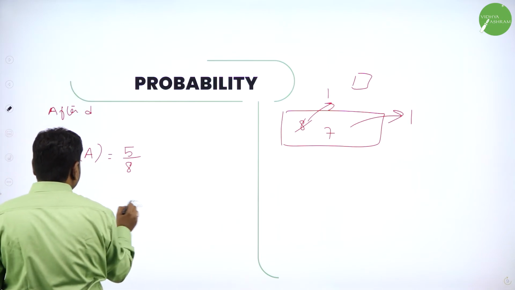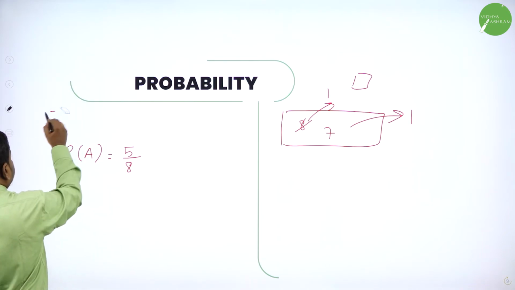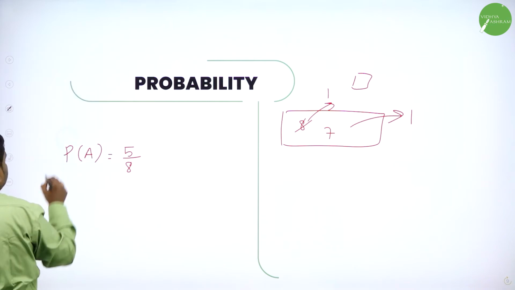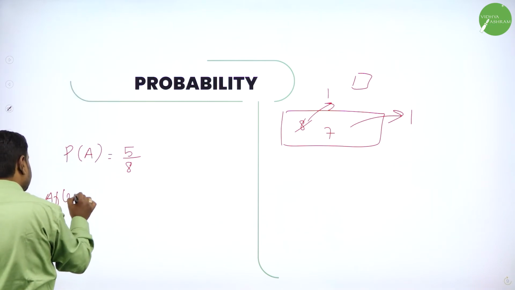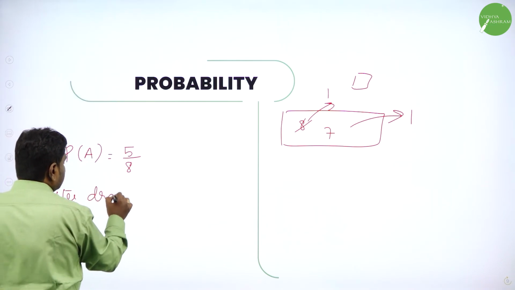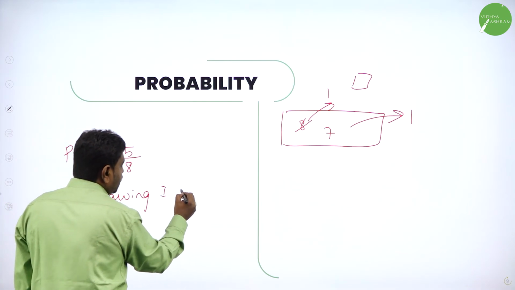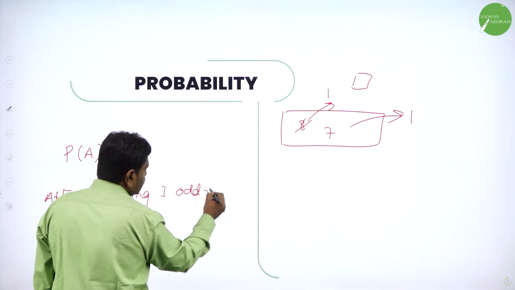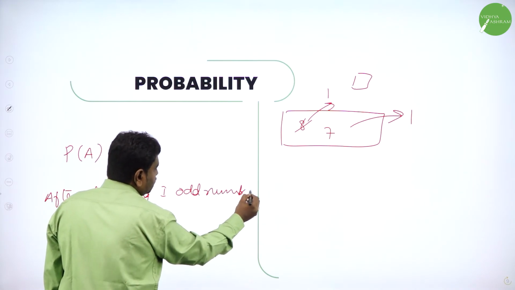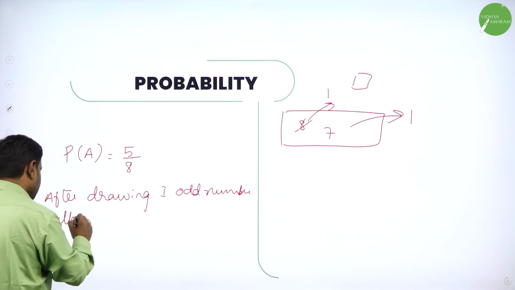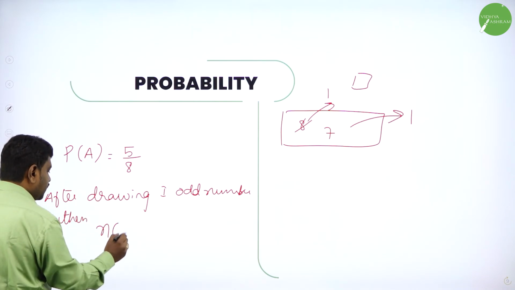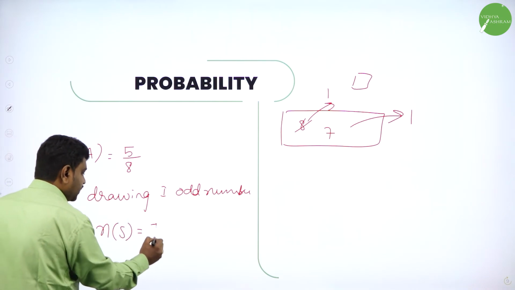Before we go to this, let us write the description here. After drawing, this is to make you understand; in the exam you don't need to write so much. After drawing the first ticket as an odd number, n of S, the number of tickets left, will become 7.